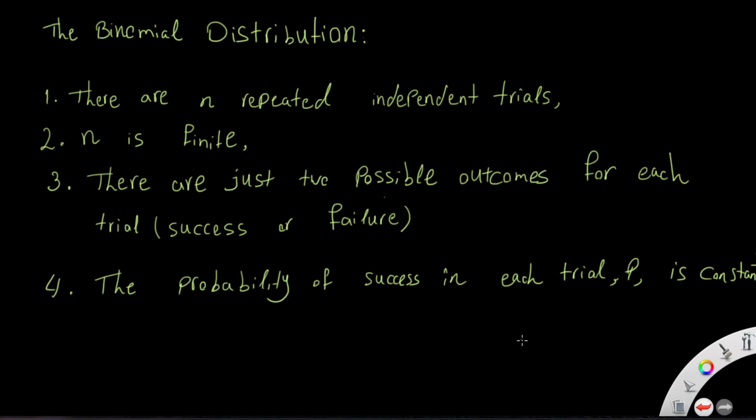The third one, there are just two possible outcomes for each trial, success denoted by P and failure denoted by Q. The fourth one, the probability of success in each trial, which is denoted by P, is a constant number. So trial by trial, the probability of success and consequently the probability of failure, which is denoted by Q, cannot change.